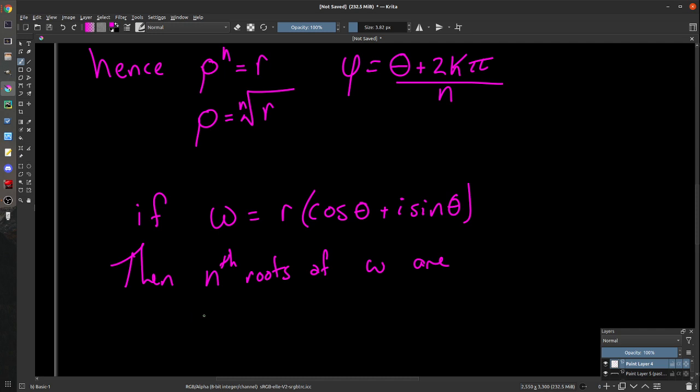They are just given by z equals, and what is this r going to be for omega? Well, that's just the modulus of omega.